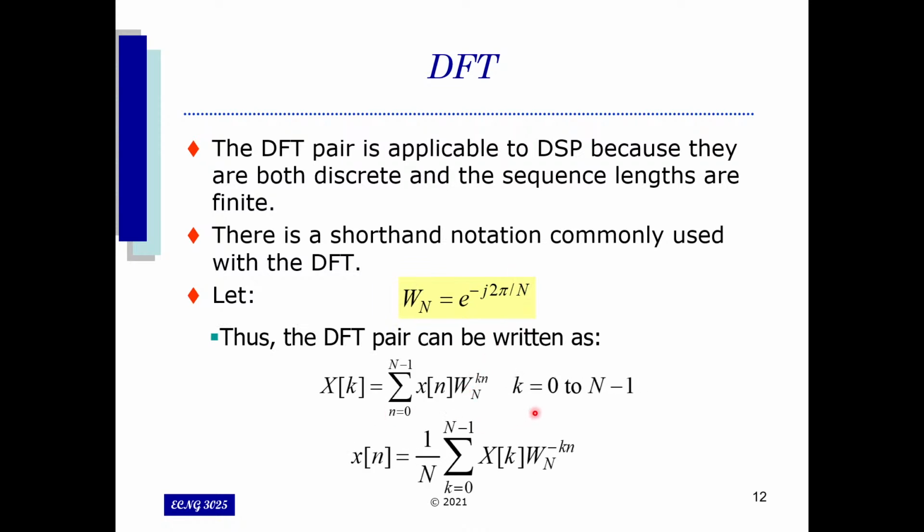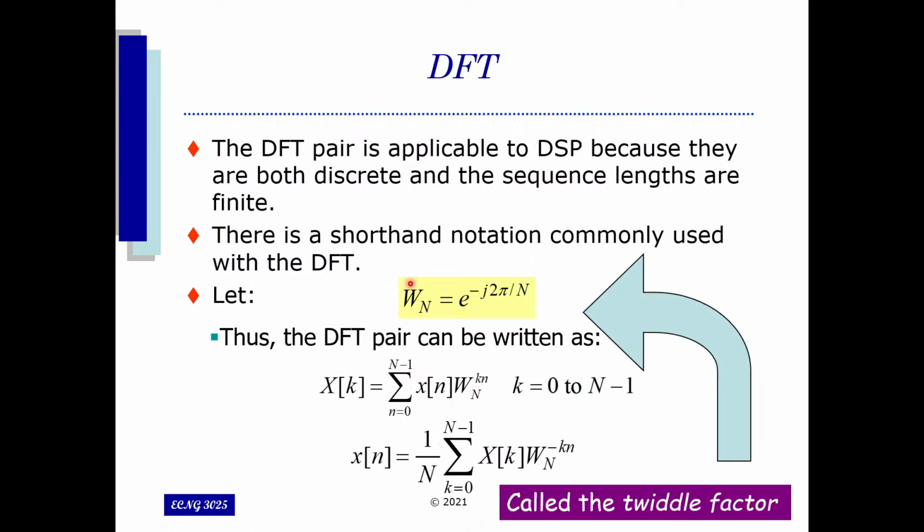That allows us to shorten the writing of the DFT in particular. That w of n shorthand notation is what we refer to as a twiddle factor, and we're going to observe the effect of this twiddle factor in a little bit.